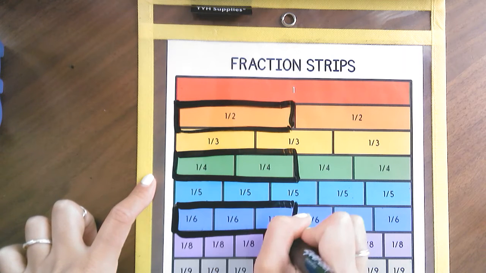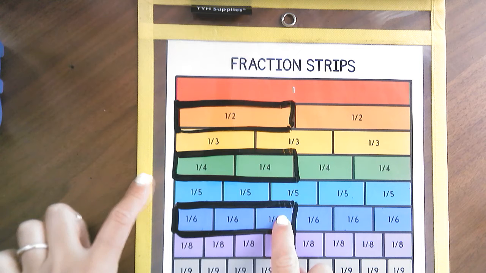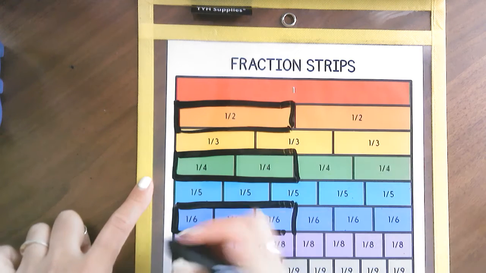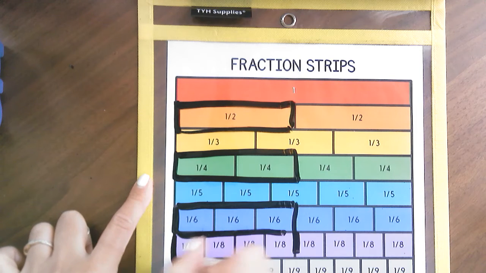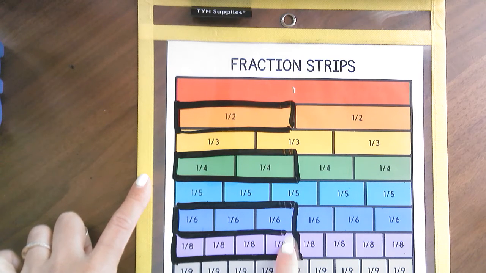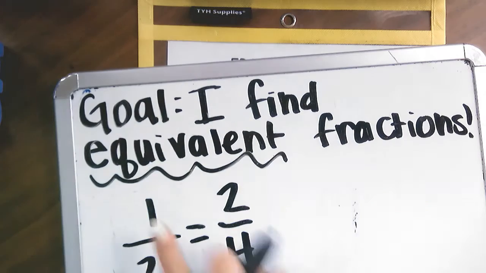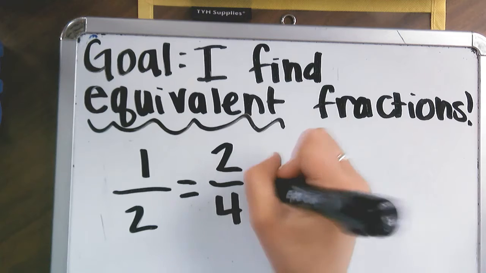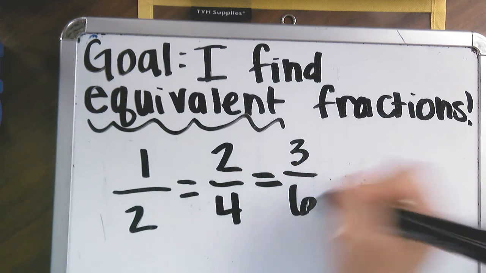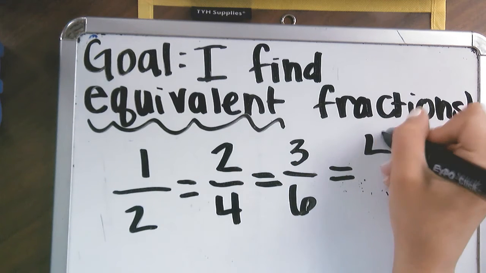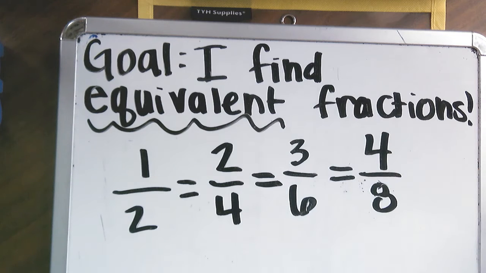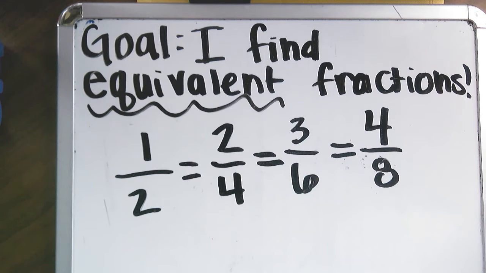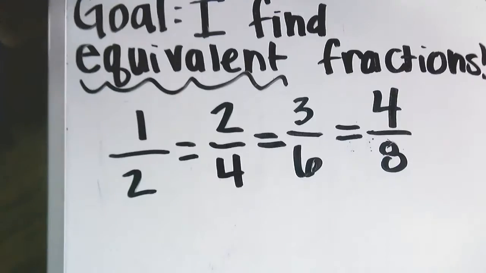And I find that 3/6 is equivalent to 2/4 and 1/2. And again, I can find that with eighths, with 4 eighths. So I could write 1/2 is equal to 2/4, which is equal to 3/6, which is equal to 4/8.